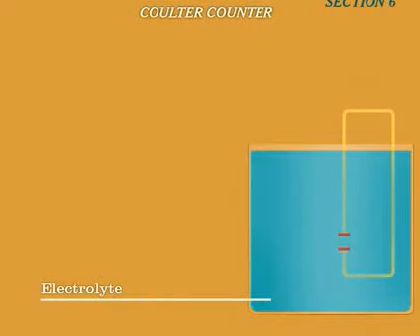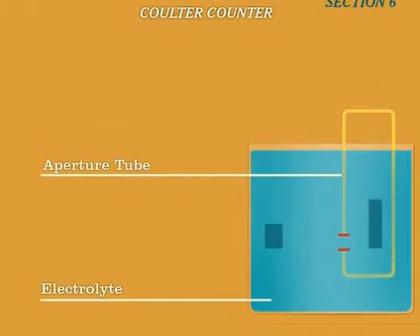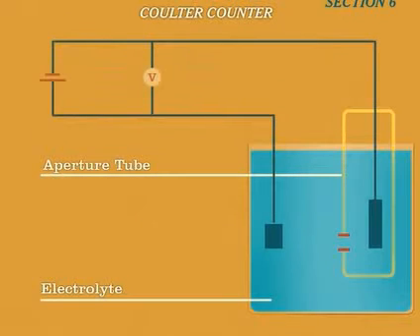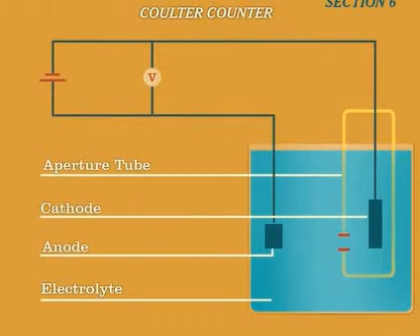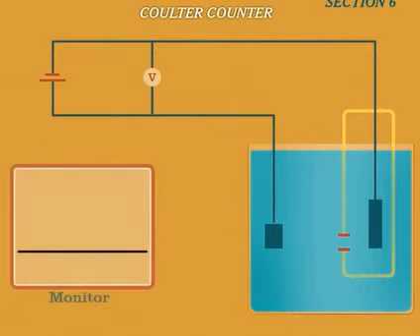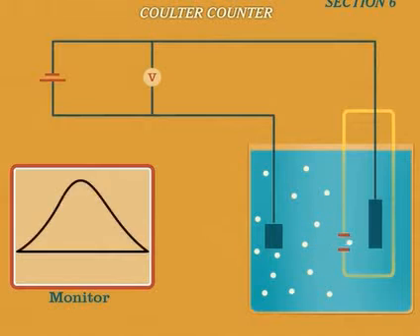So this is the electrolyte, and this is the aperture tube. There are 2 electrodes, anode and cathode, and there is an aperture. These white-colored ones are the molecules. When one passes, it stops conduction.